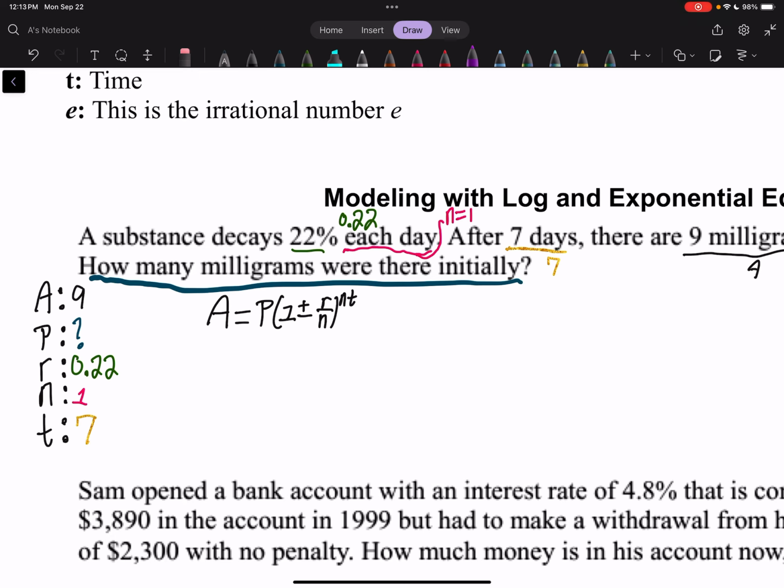Well, for that, I am looking at this word decays. Decays means I'm going to be using the minus symbol. So 9 equals, I don't know P, I'm going to leave it as P, times 1 minus my rate, 0.22, over my n, which is 1, to the power of 1 times t.